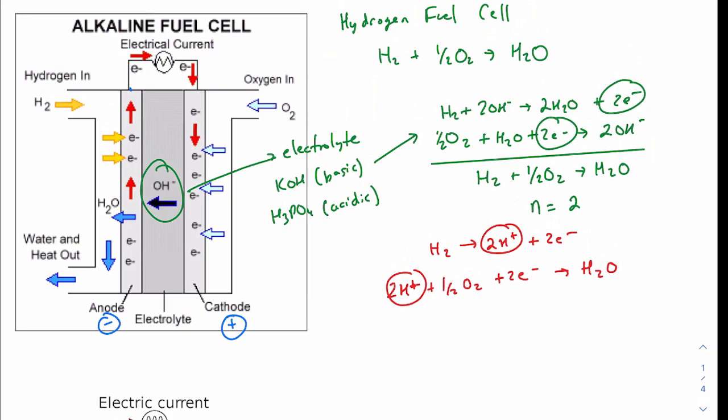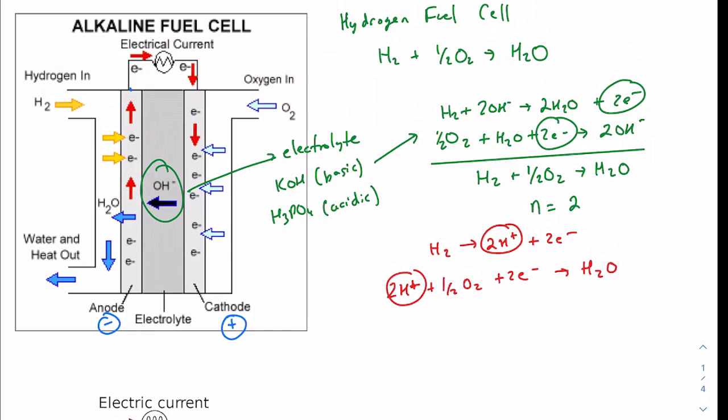And so in this diagram, the hydrogen gas is coming in, contacting with the anode so it can oxidize. The electrons travel through the wire to the cathode to allow the reduction of oxygen, and the electrolyte allows the movement of ions from the cathode to the anode to complete the cell.